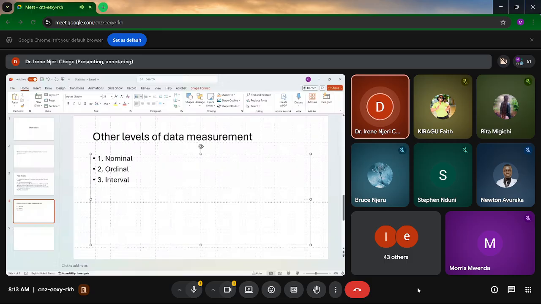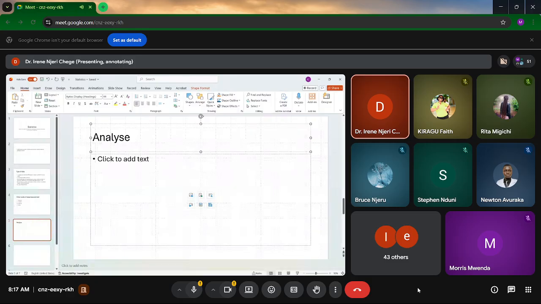Now, once you have decided what kind of data you're going to collect, you have to then analyze your data. When you're analyzing your data, there are two methods of analyzing data.